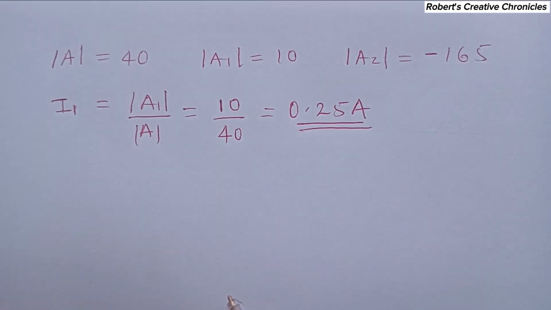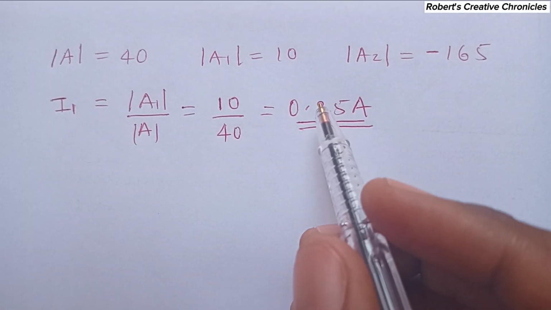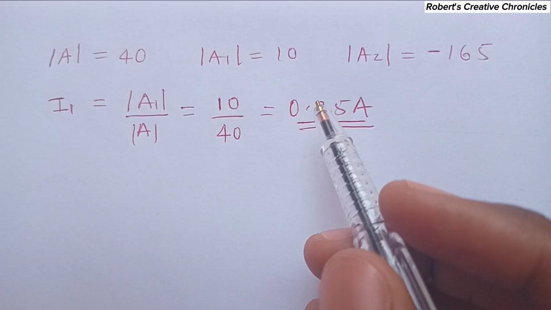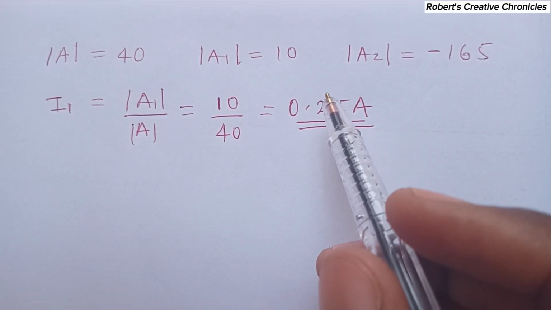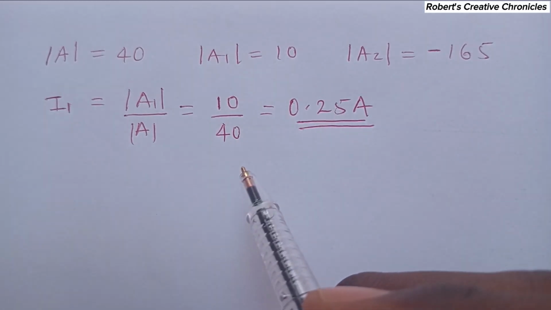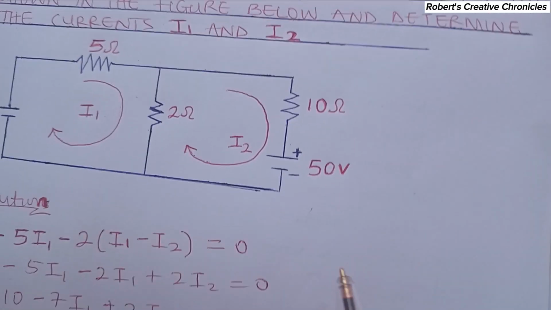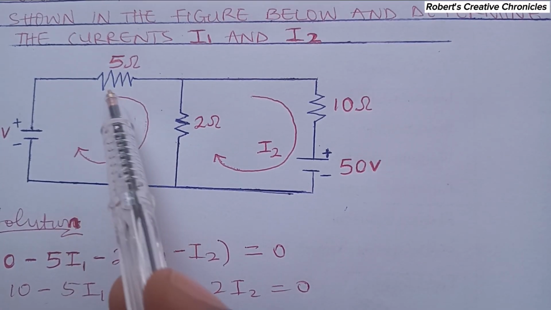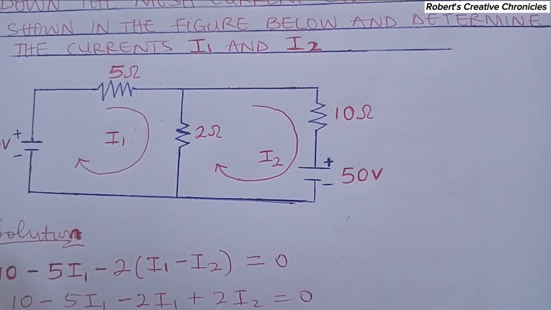So this is the first current. That means the assumed clockwise direction is the same as the actual direction of the current in the mesh. So current I1 is actually moving in clockwise direction in this mesh.